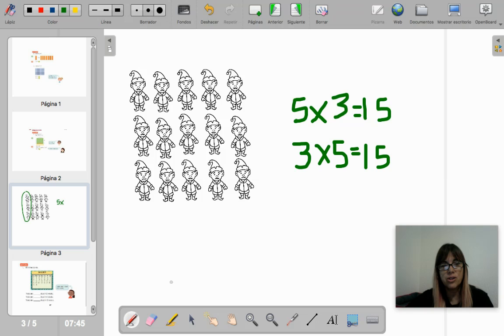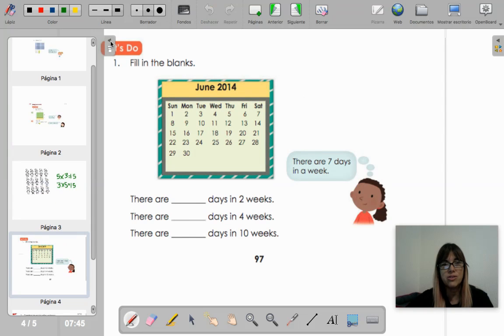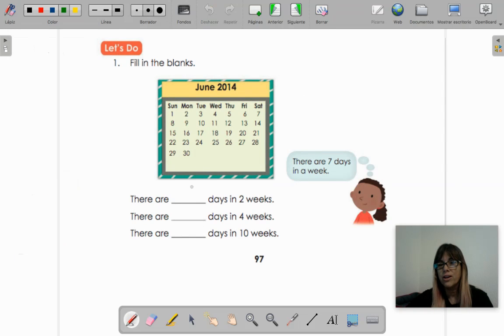So that's the little thing I wanted to review today, because today you're going to need it for your answer in your book. Even in real life, when you have a calendar, they are going to ask you how many days are in 2 weeks. So all this line is 1 week and it has 7 days. And then you have other week, other 7. So you don't really have to add.